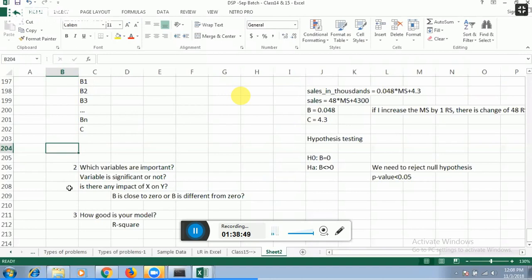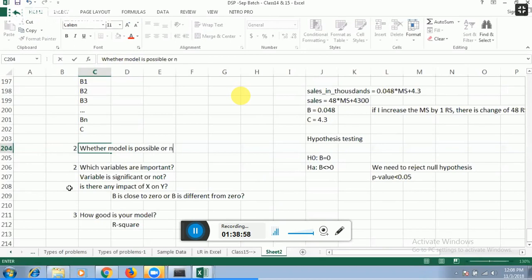So in this case, the second point is whether the model is possible or not. How can we check it? If all betas are close to 0. That means if you look at my initial understanding of the concept of R square, what did we do there?